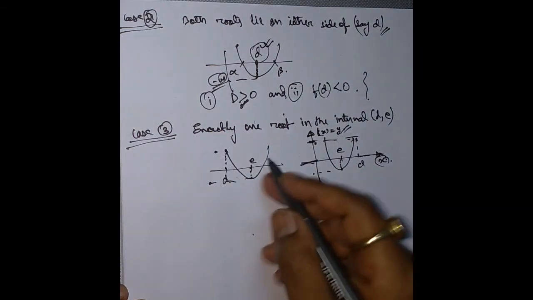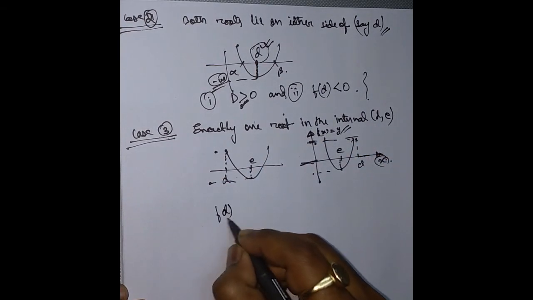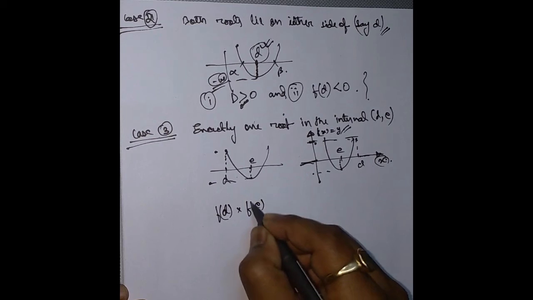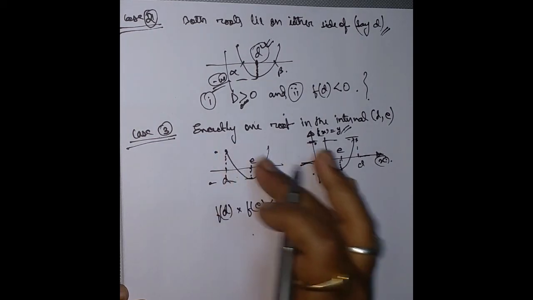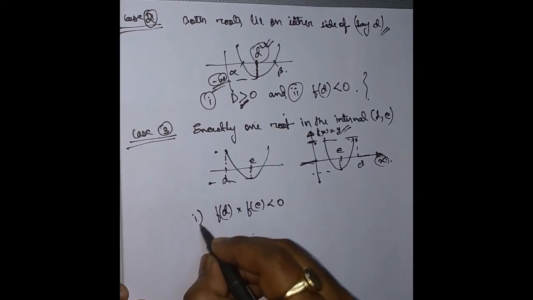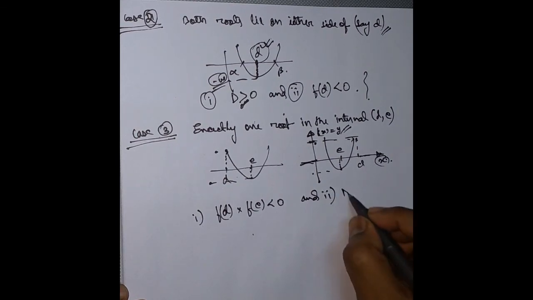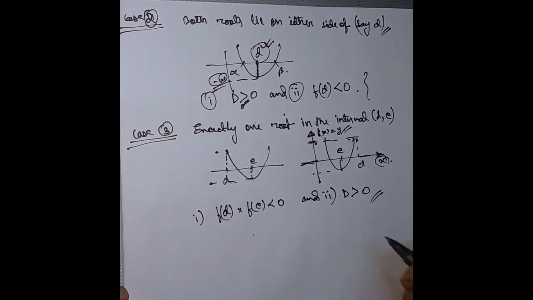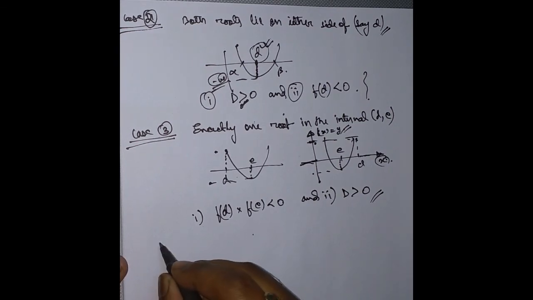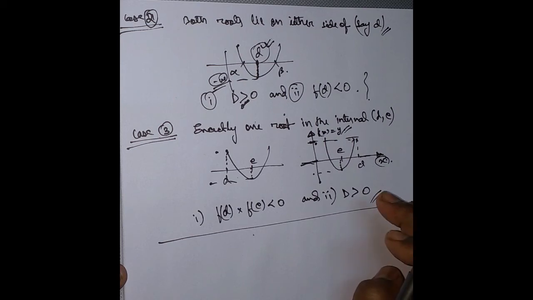So from both sets of drawings, we get f(d) times f(e) is less than 0, because one is positive and one is negative, so the product will always be negative. And as always, the universal condition is D greater than or equal to 0. Solving these, you will get an inequality, and in these inequalities you will find your desired output.